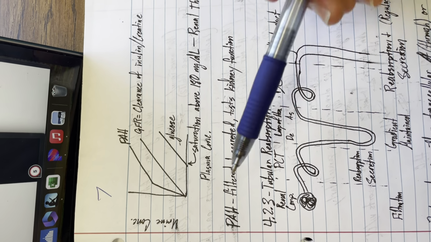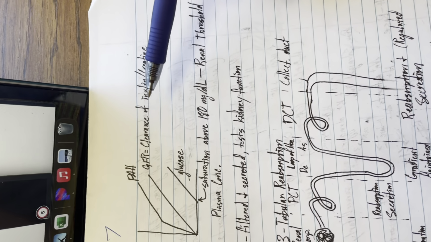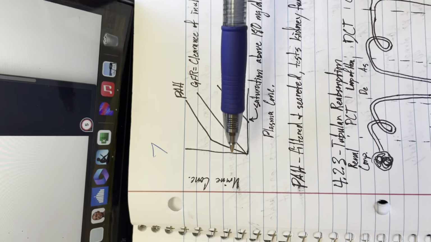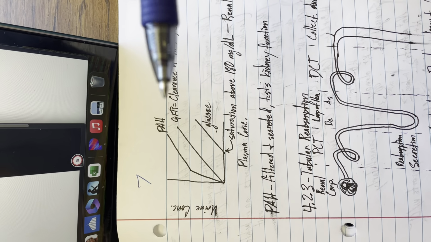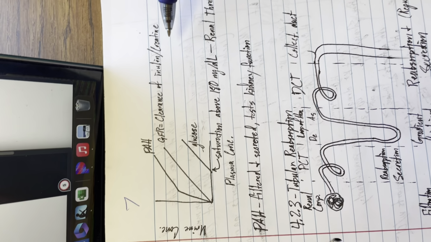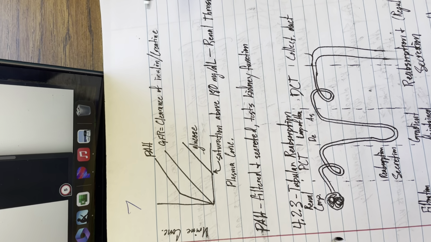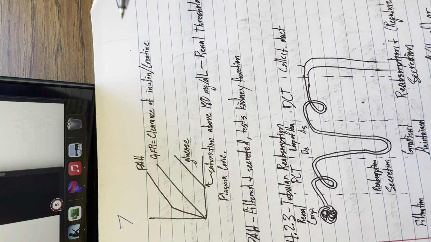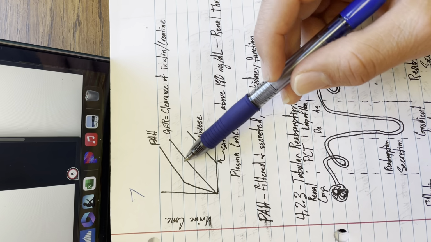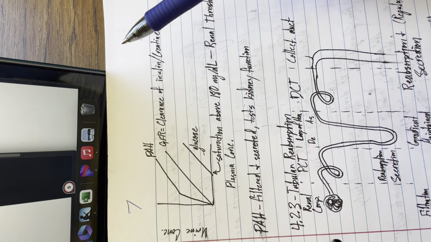So in the blood, if you were to take a sample, you would have 100% inulin concentration there. And then if you were to take a sample of urine, you'd have 100% concentration of inulin there as well, meaning that the nephron did its job. It completely filtered out inulin/creatinine, and you had an equal ratio of urine and plasma concentrations of inulin.